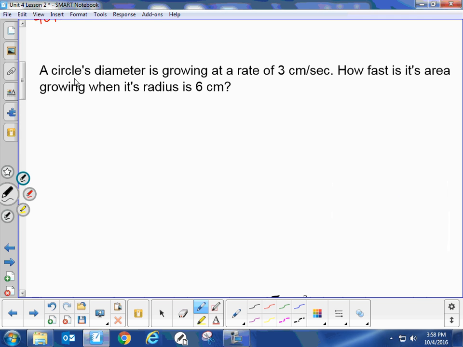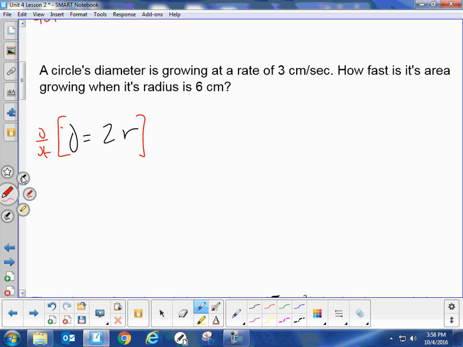Next example: a circle's diameter is growing at a rate of 3 centimeters per second. How fast is the area growing when its radius is 6 centimeters? Okay, so the diameter we need to understand is twice our radius.